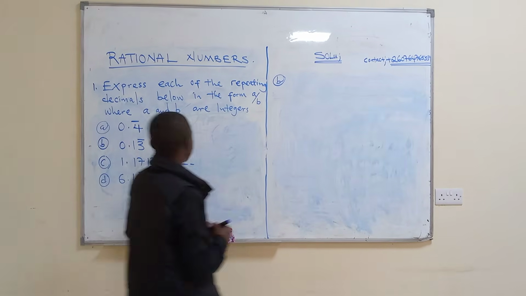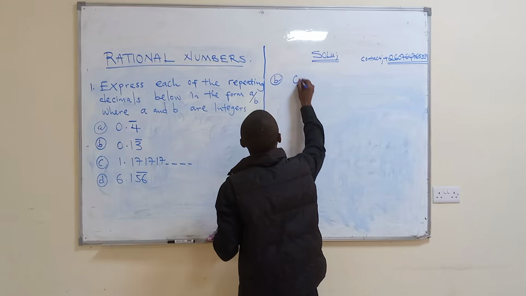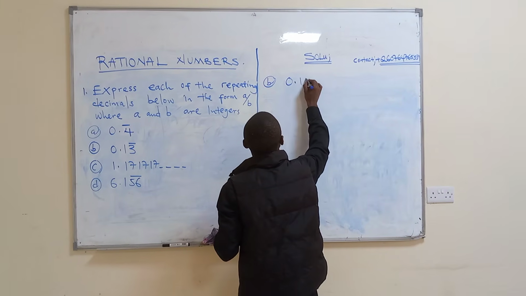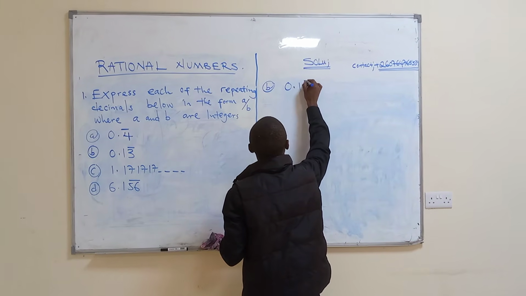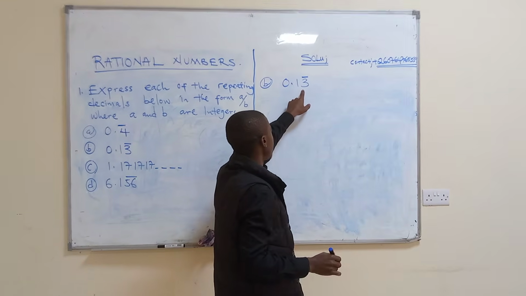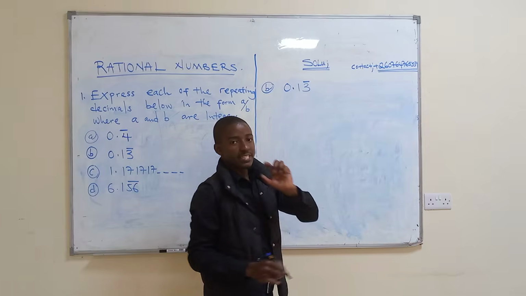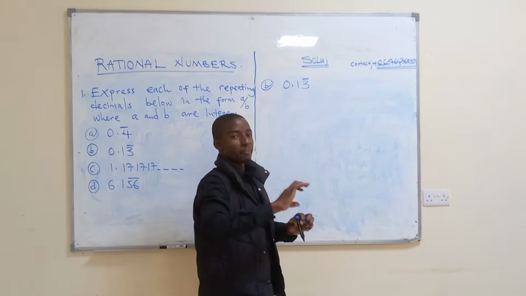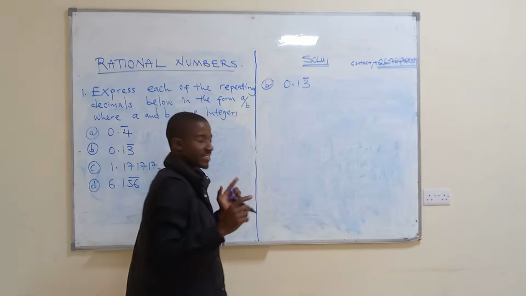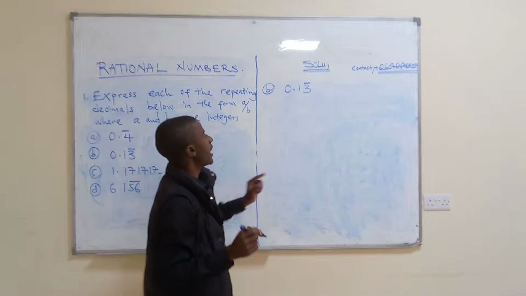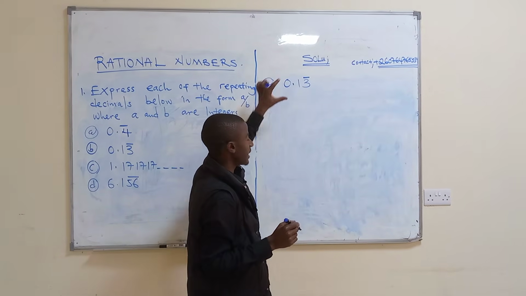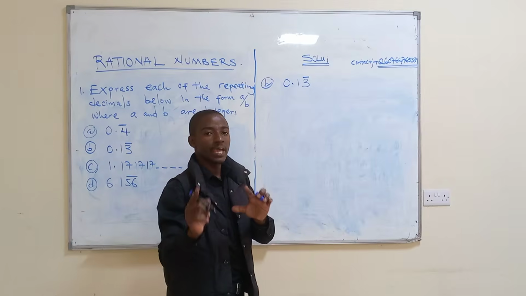So we have b, that is 0.13 with a bar. This bar simply means that the numbers under the bar are the ones repeating. So the first step is to let the given repeating number equal to x.